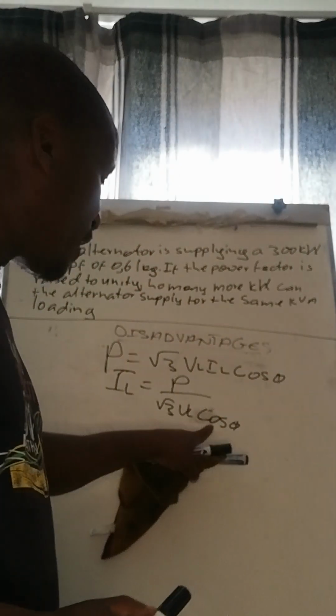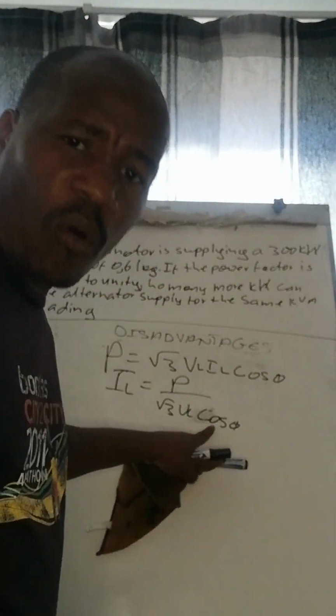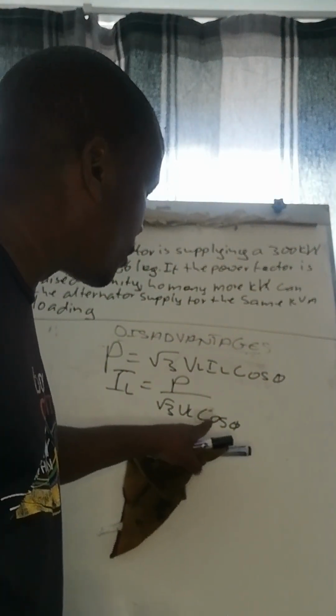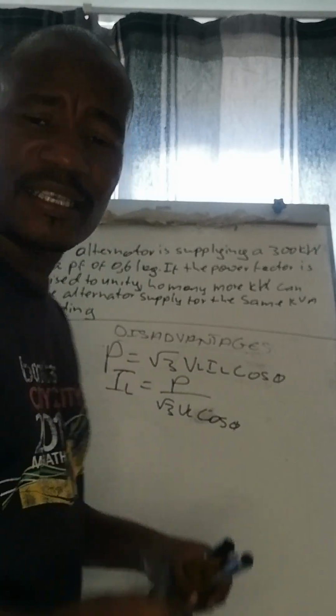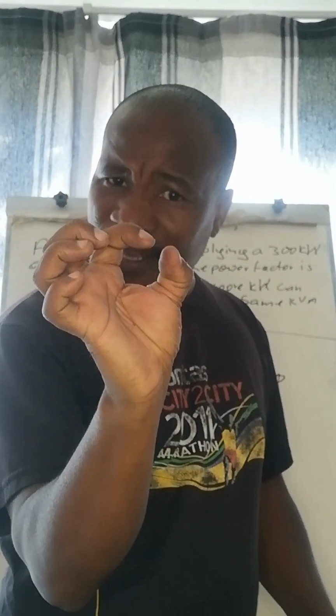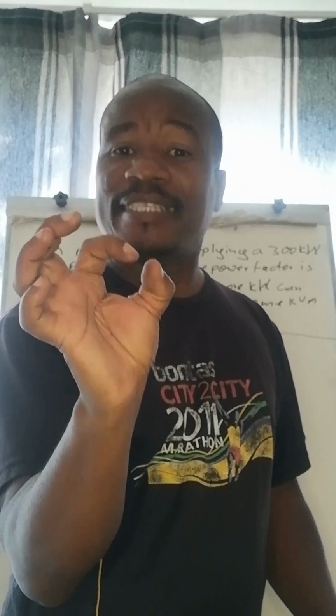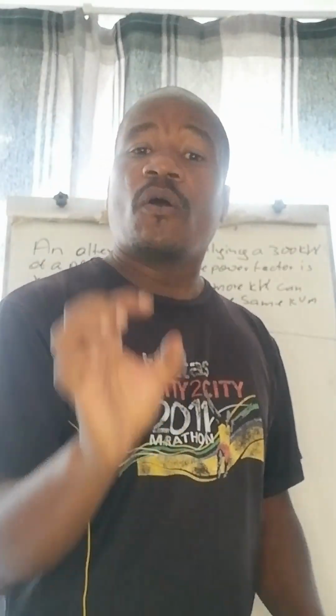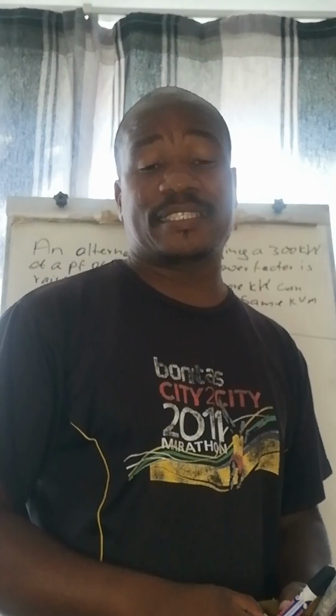That's why the power factor has to be more, such that when it is more, the current is less. If the current is less, at least you're going to order a sizable amount of conductor, and you are saving as such.